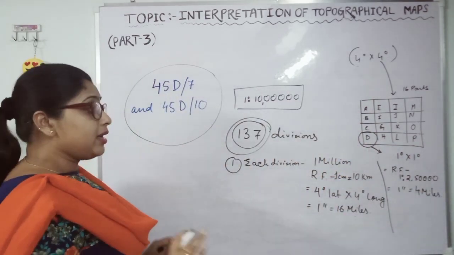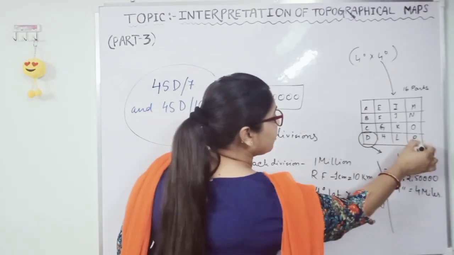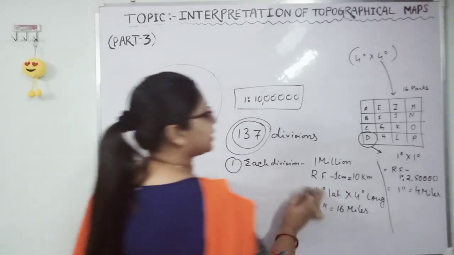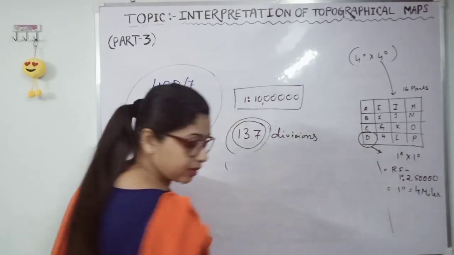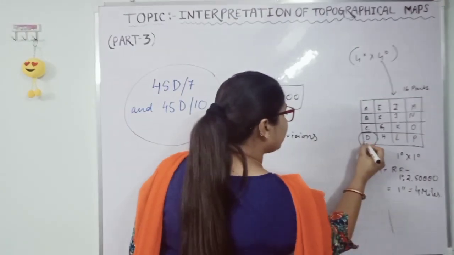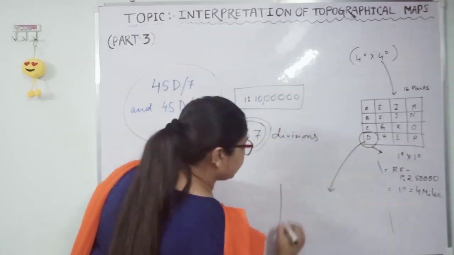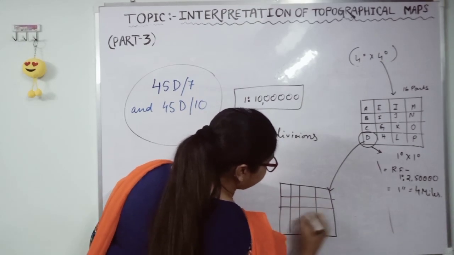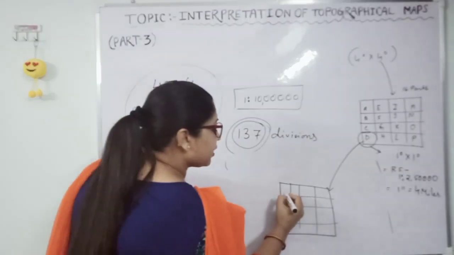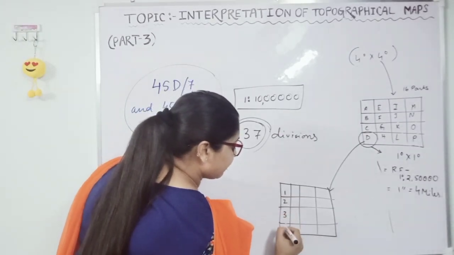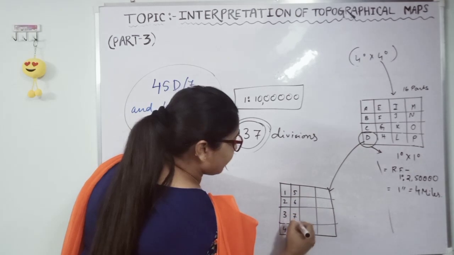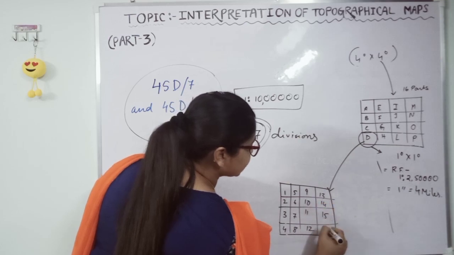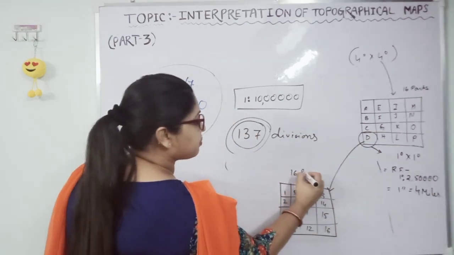Now this 1 degree by 1 degree area, any of them I take, is again divided into 16 parts. The numbers given are numerals, 1 2 3 4 5 6 7 8 9 10 11 12 13 14 15 16, again 16 parts.